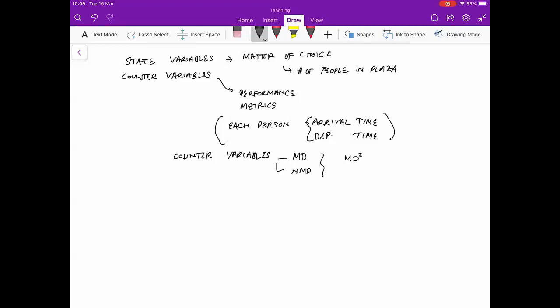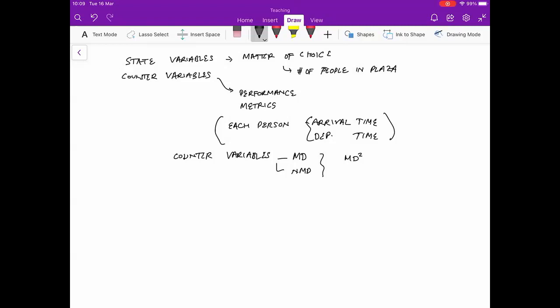In the method where we're maintaining the accumulator variables, wouldn't we then have the arrival time and the departure time of the people currently on the plaza as part of the state variables? Yeah. Strictly speaking, you can put it either in the state or the counter because it's a variable you need to maintain, right?